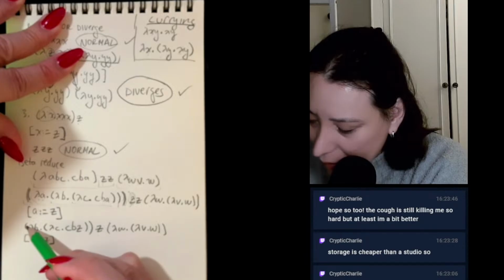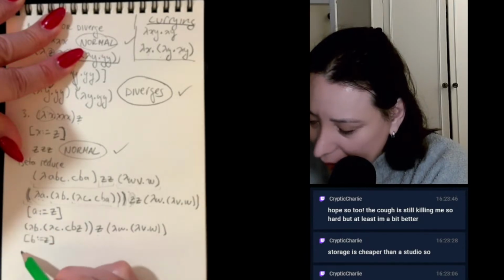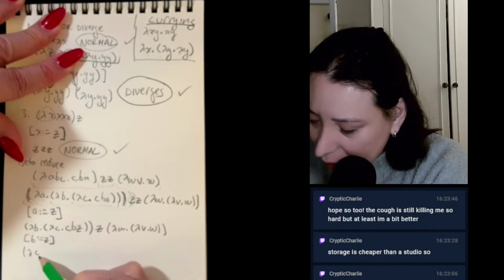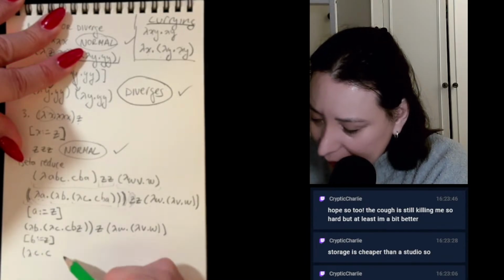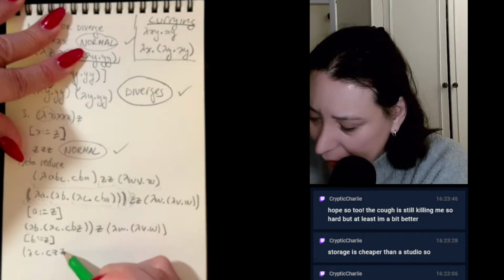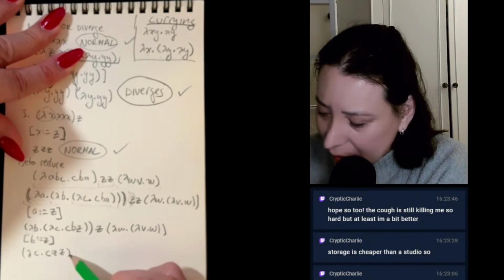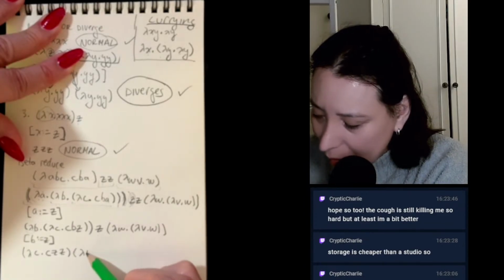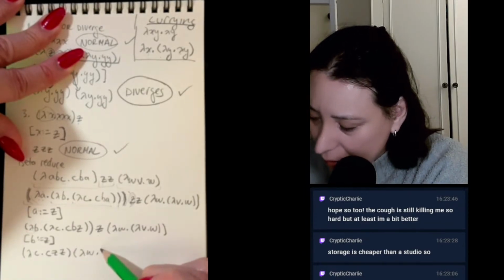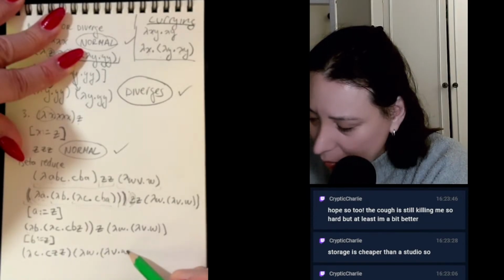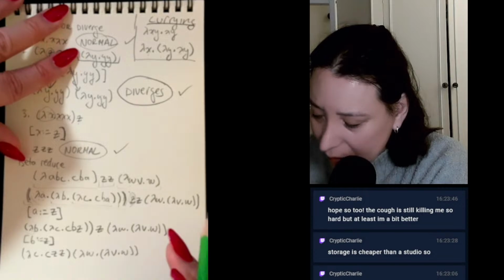So we rewrite this. We're using this so we get rid of that. Now we have C dot C, and now B is Z, so it's C, Z, Z. We got rid of this Z because we used it, and now we have lambda W dot lambda V dot W. We're running out of space.